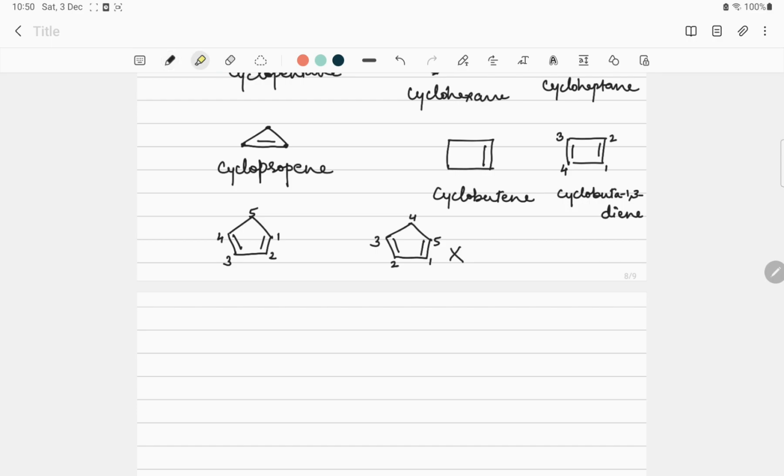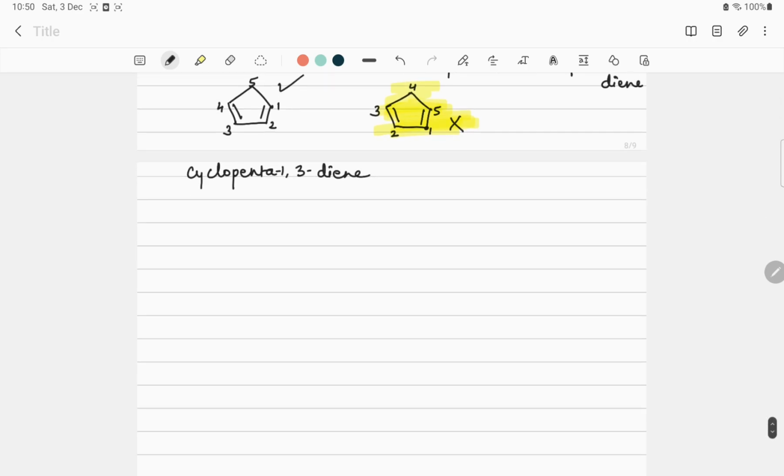Why is it wrong? Because the double bond should always be numbered across, not like this. So we have to start from here, not from the end of the double bond. So what is the name of the compound going to be? The name of this compound is cyclopenta-1,3-diene. That is how we can name the compound.